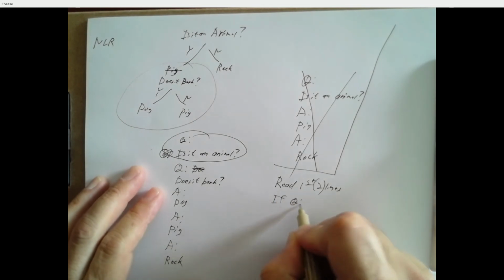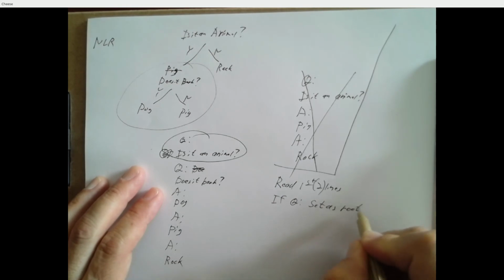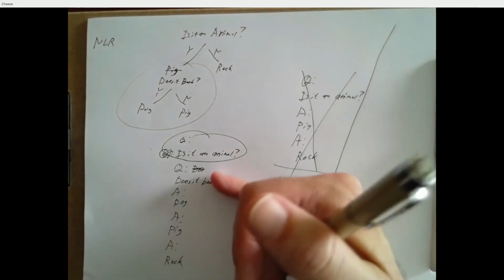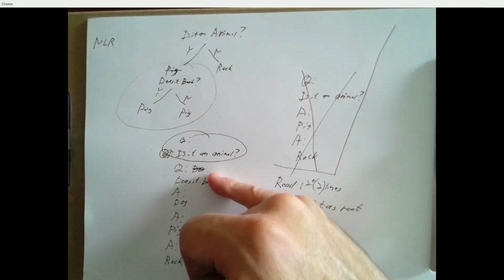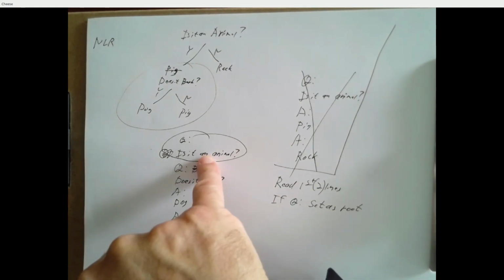If it's a question, set it as the root of a new tree. So we're going to have a tree whose root is is it an animal? And then we want to basically read whatever tree is specified in the file from this point down and make that the left child of this node.